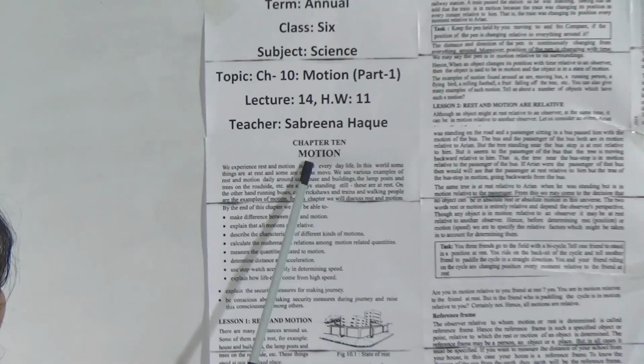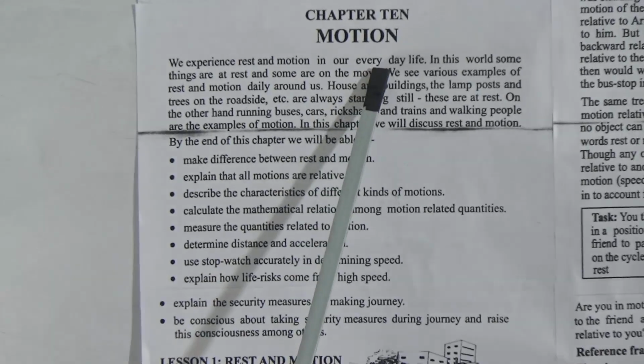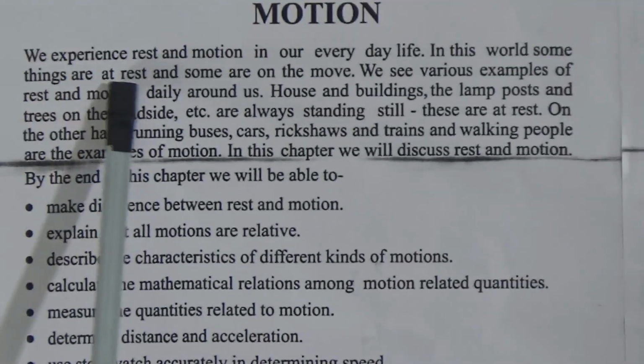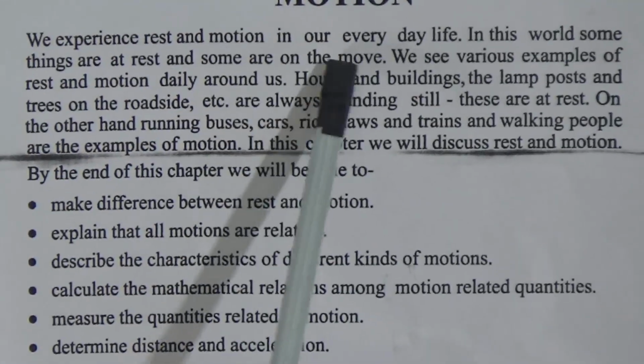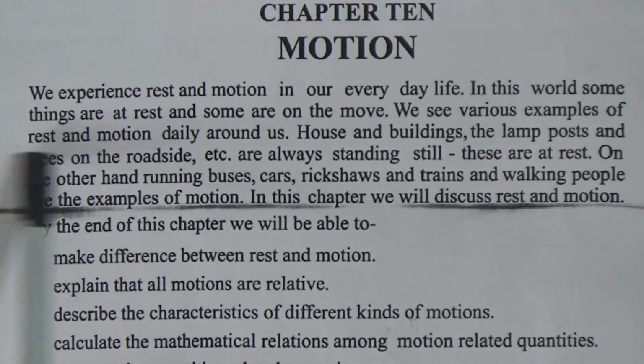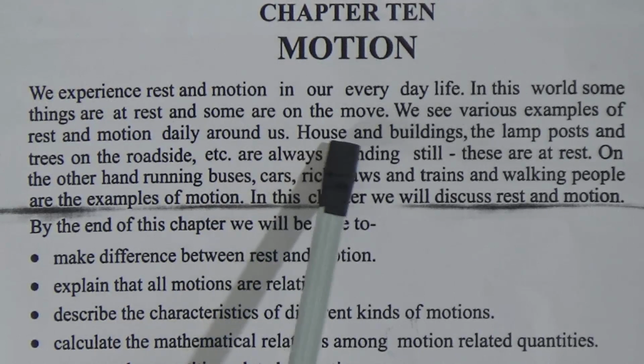Dear students, let's start the class. The name of the chapter is motion. We experience rest and motion in our everyday life. In this world, some things are at rest and some are on the move. We see various examples of rest and motion daily around us.